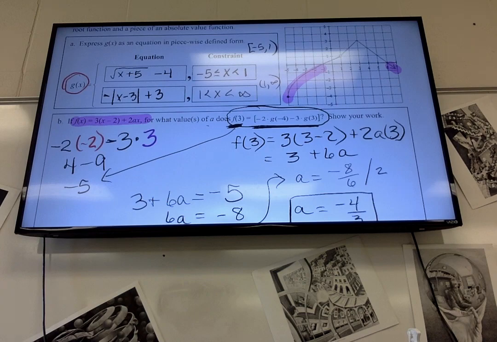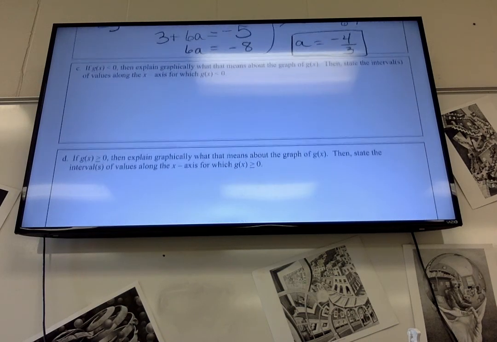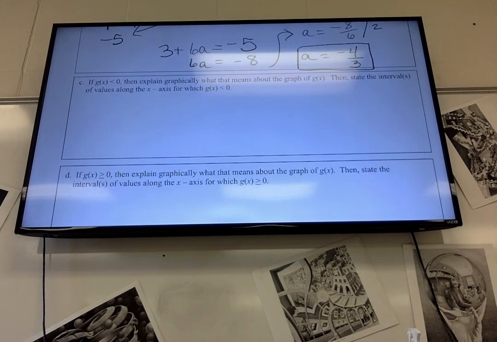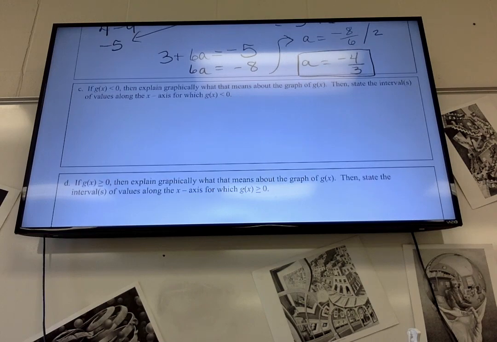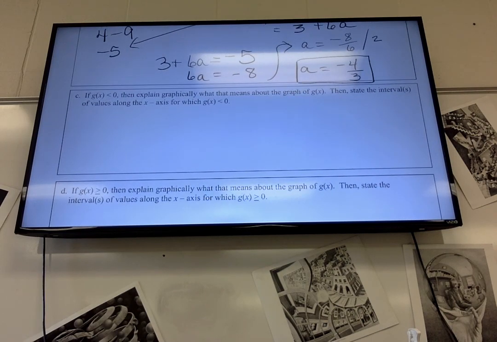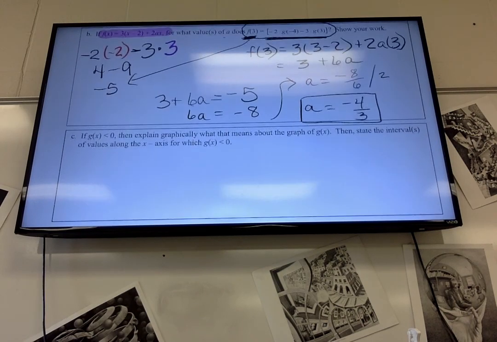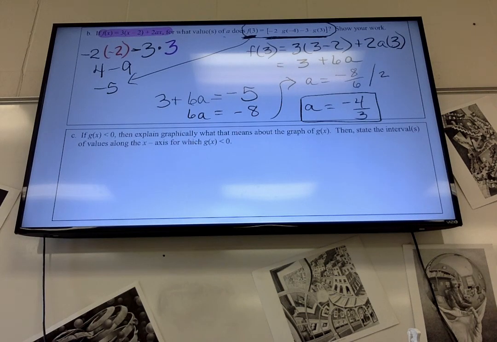So I highlighted it for us. This was the very end of what we did yesterday. Okay, and I explain graphically what that means about the graph of g of x. Explain graphically, so that means everywhere g of x is below the x-axis.